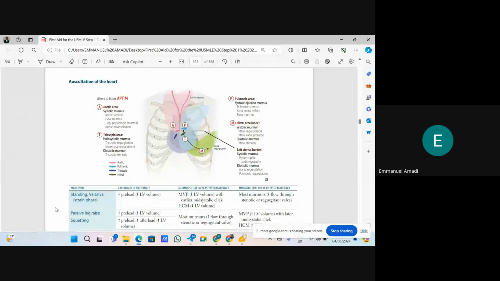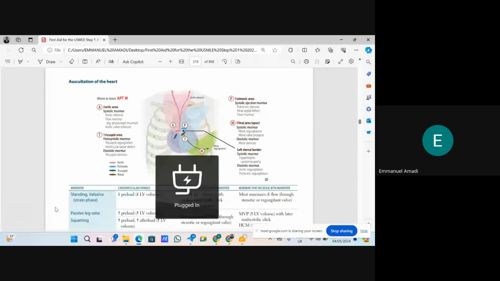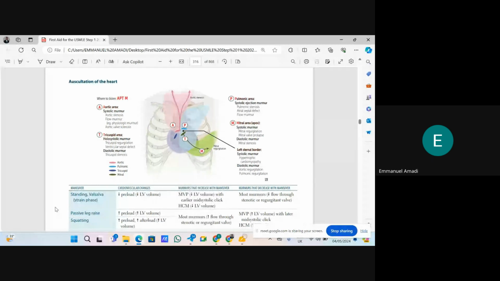Let me give you an example. They gave you a question where a 64-year-old man comes to the hospital with a complaint of this. On examination, a holosystolic murmur was heard at the mitral apex.